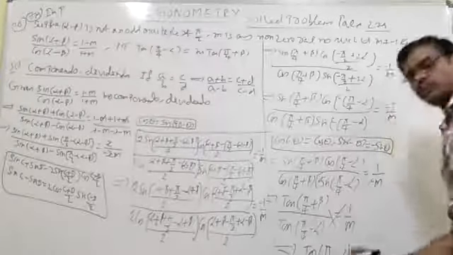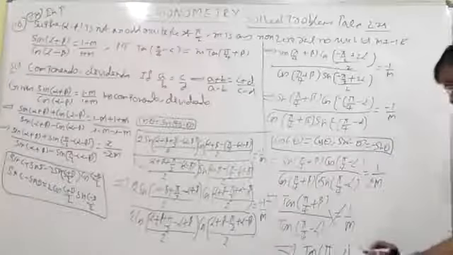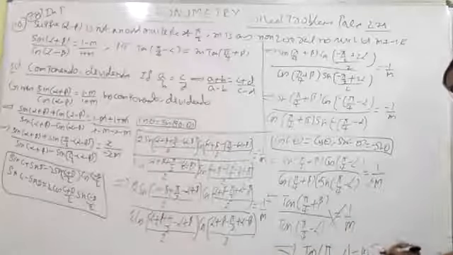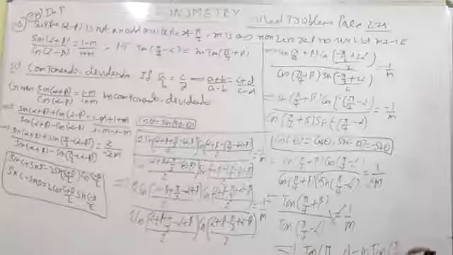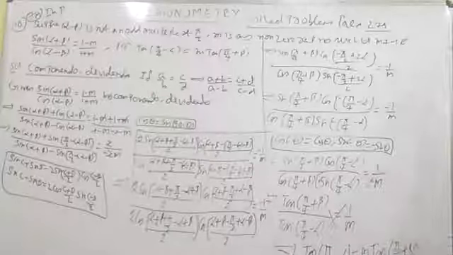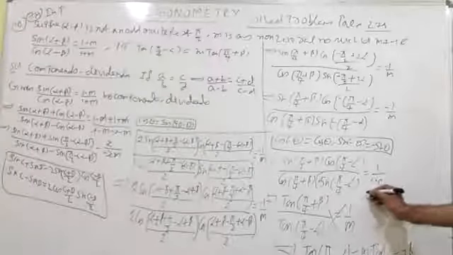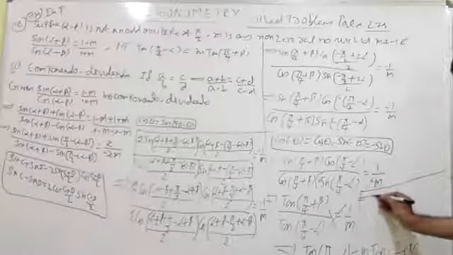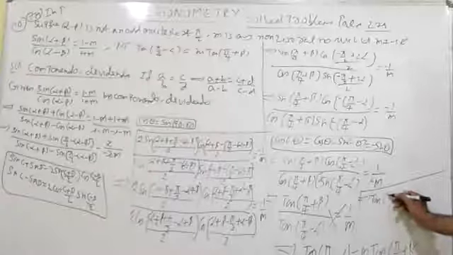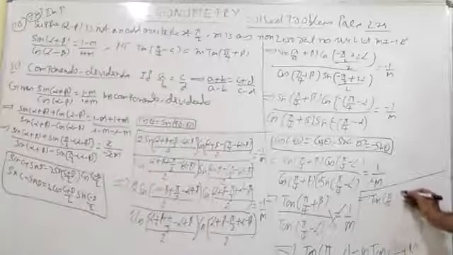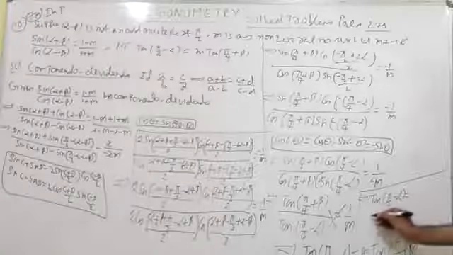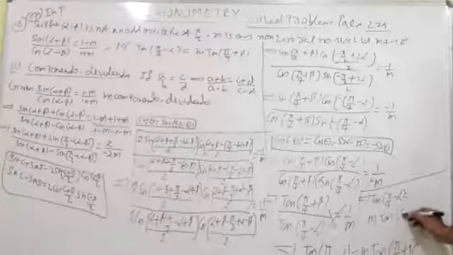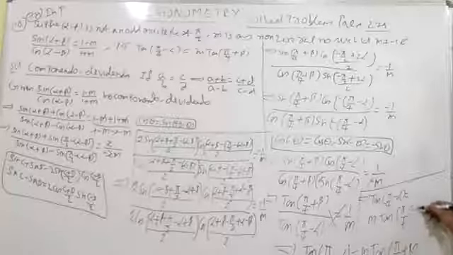Tan of pi by 4 minus alpha is equal to m tan of pi by 4 plus beta. Here once again I am writing, maybe the visibility problem is there in the camera. So tan of pi by 4 minus alpha is equal to m tan of pi by 4 plus theta. This is the sum.